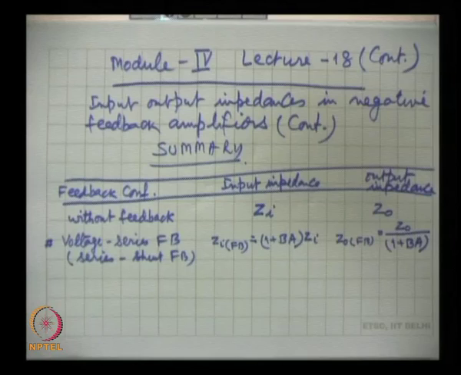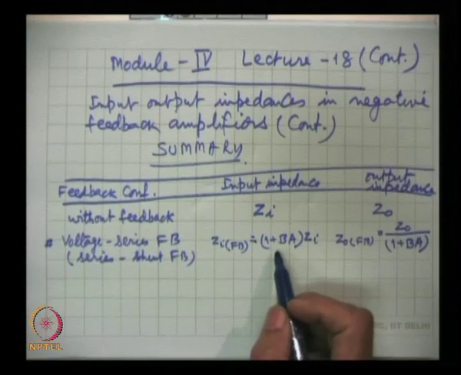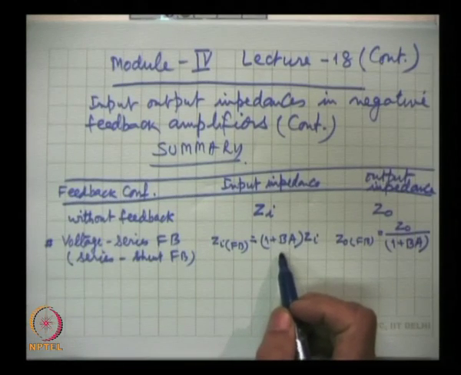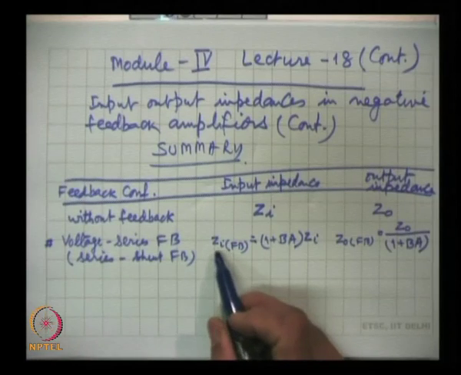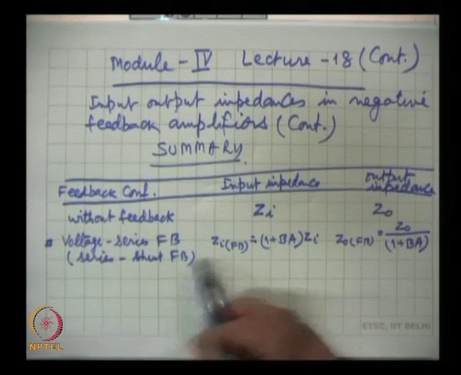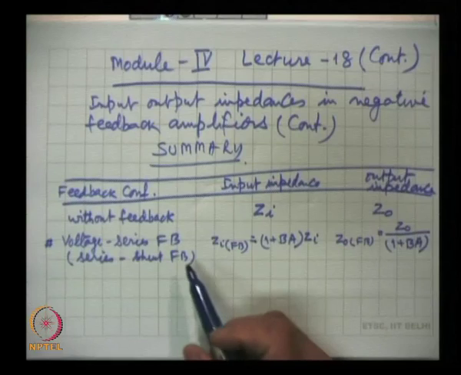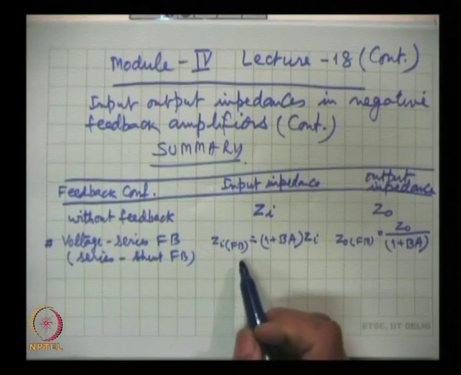I remind you that this parameter 1 plus B A is a positive number for negative feedback, and the value may be 10, 12, 100 for this factor. So, just by the incorporation of the voltage series feedback, the input impedance will rise.